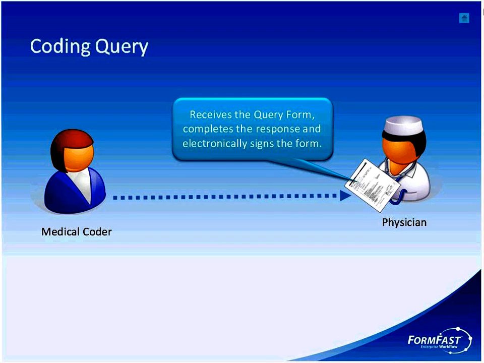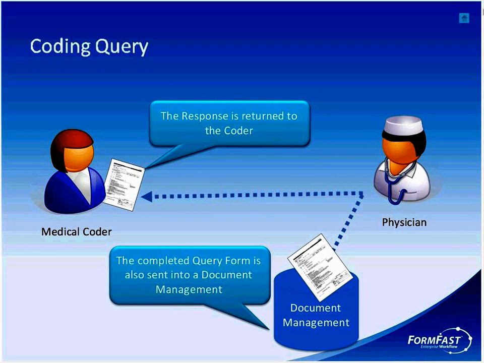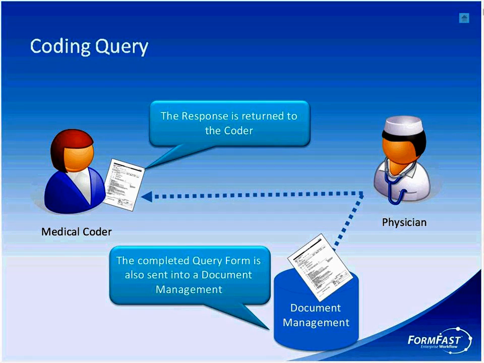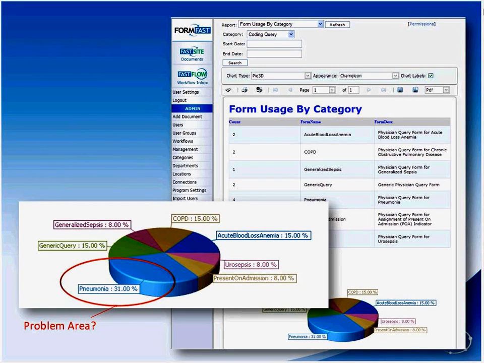So the physician receives that query form, responds inside the form, electronically signs it, and then it becomes part of the document management system and can be reviewed by anyone that has authentication through medical records or HIM. That process now, again, just as the denial management workflow, gives us actionable information.